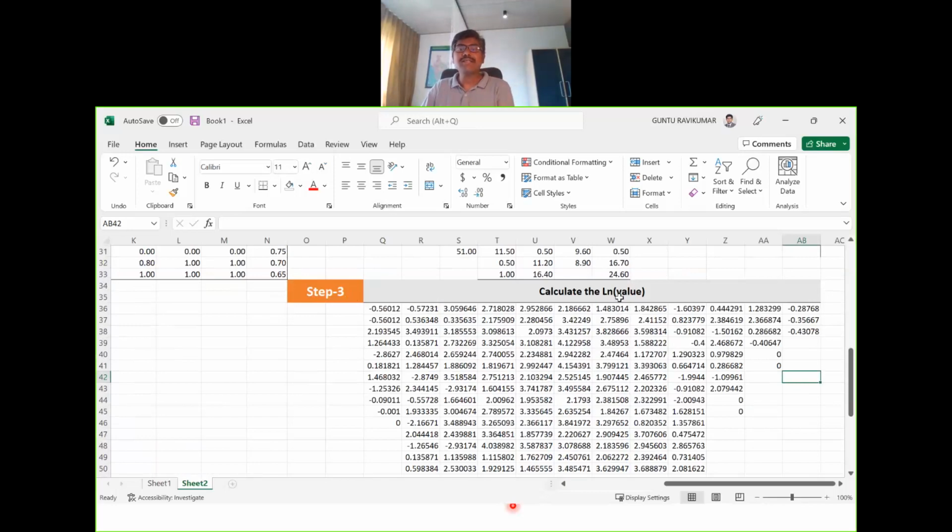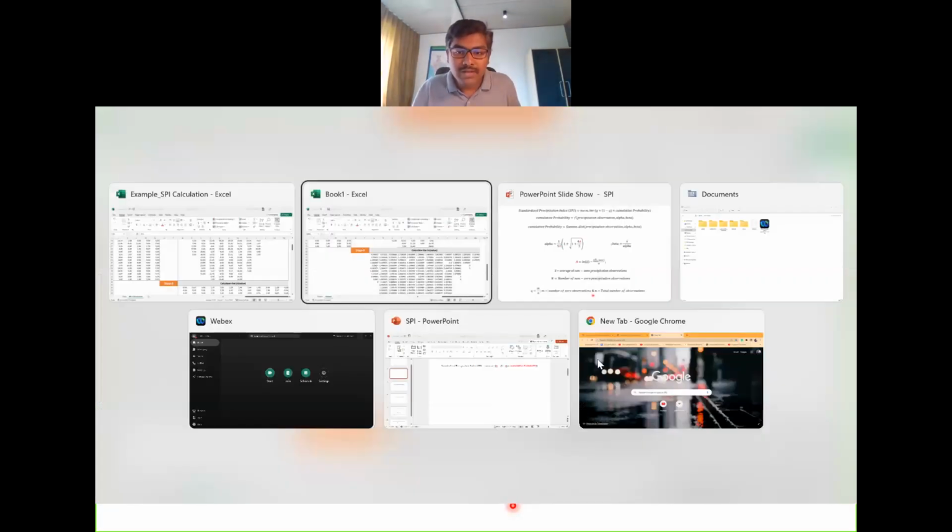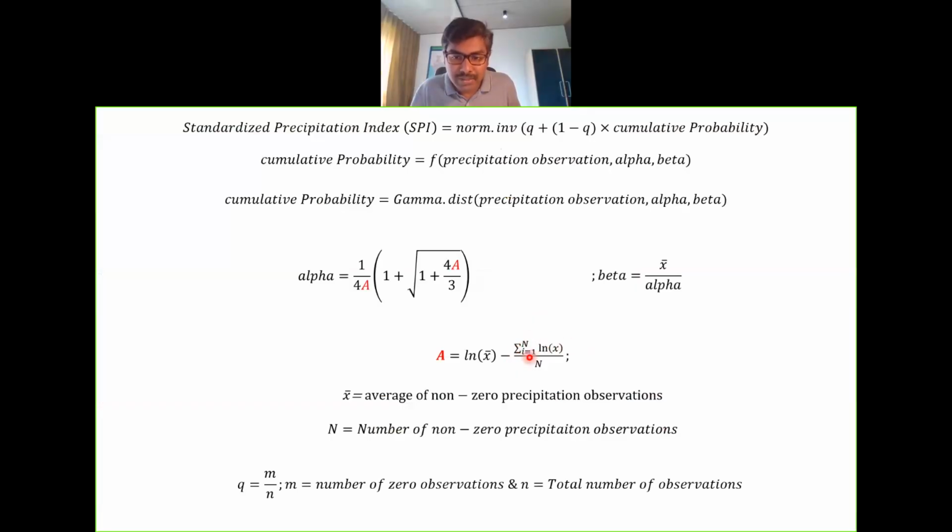So we have calculated the natural logarithm of the precipitation observations, right? So now let us go back. So we have completed the natural logarithm of x, right? Now we will do the calculation of capital A. To do the capital A, we need to calculate firstly the average of non-zero precipitation observations.